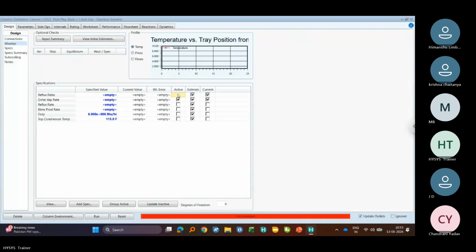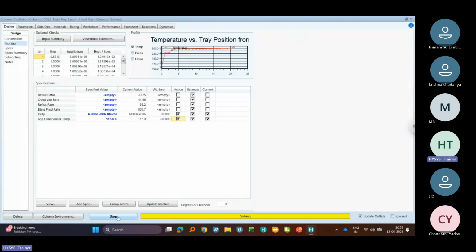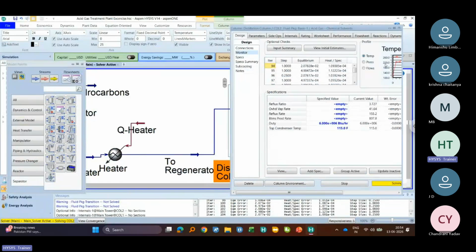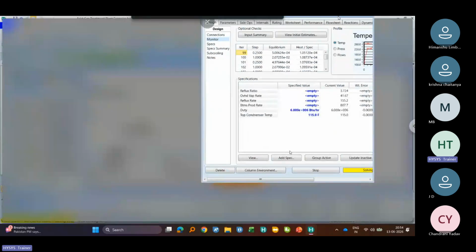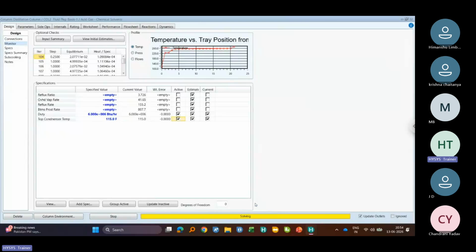Now we will run the column with these two active specifications. You will see that under active, we will uncheck these two and check these two. We'll click on reset and run. It has started the solving part of that column, and we will see how much time it takes. You will see in this window how many iterations it is doing.